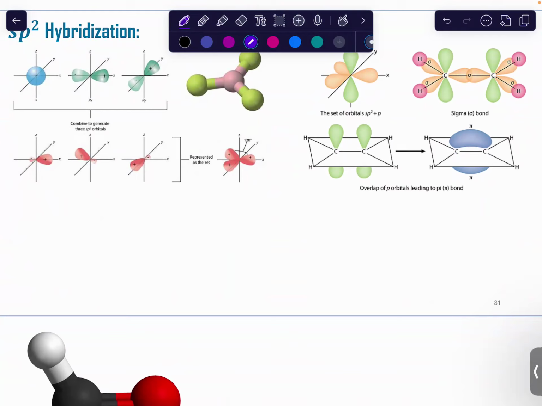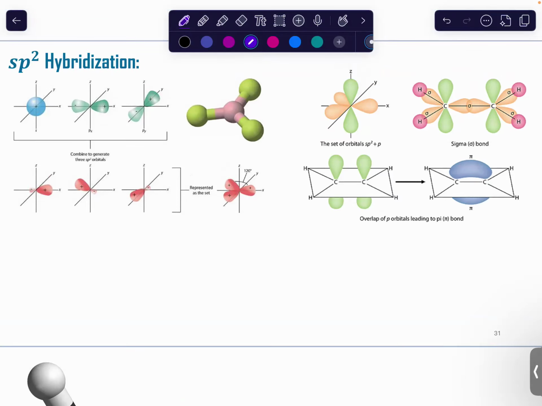So how many regions of electron density? 3. So sp3 needs 4, sp2 needs 3. So sp will need 2 regions of electron density. So it just steps down one each time. And so again, this time you're going to get the mixture of your s and 2 of the p orbitals with a 2p orbital left behind.